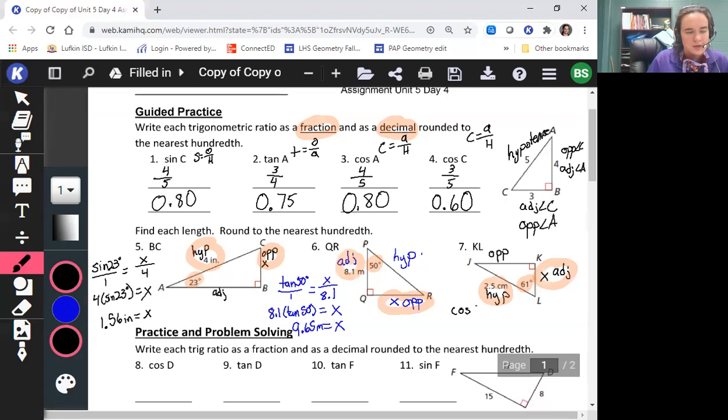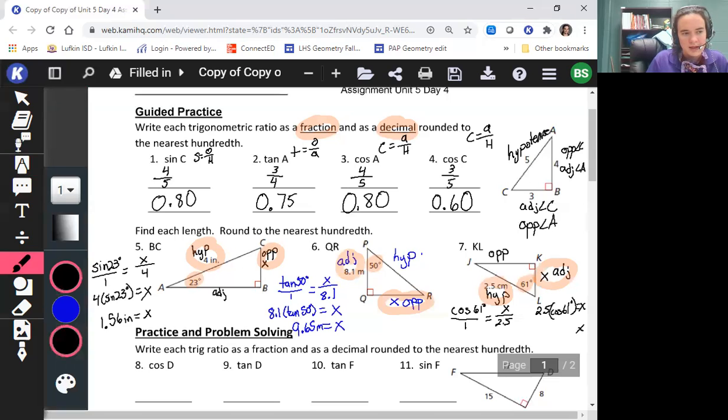Cosine of our angle measure, which is 61 degrees, over 1 equals our adjacent, which is x, over 2.5. And again, cross multiply, so we have 2.5 times cosine of 61 degrees equaling x.